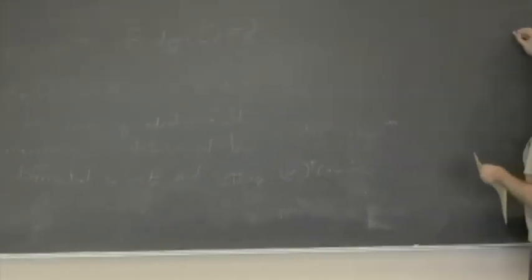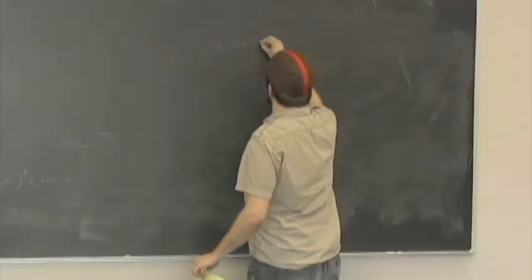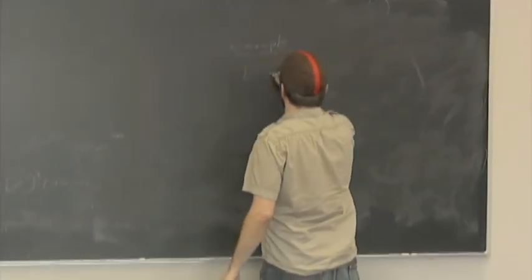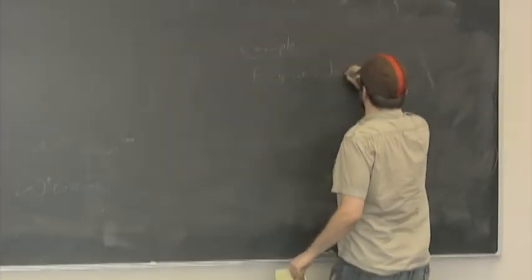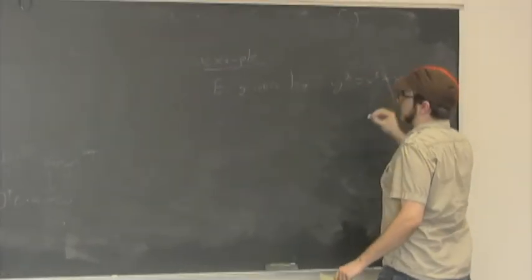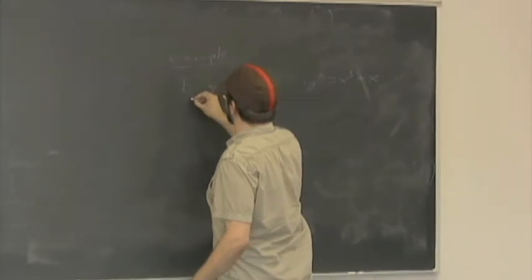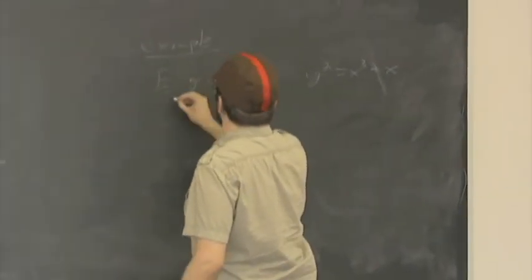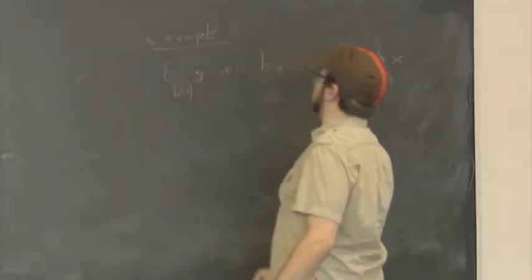So here's the example. If the elliptic curve is given by a Weierstrass model, y squared equals x cubed plus x, we'll let it be over Q bar.